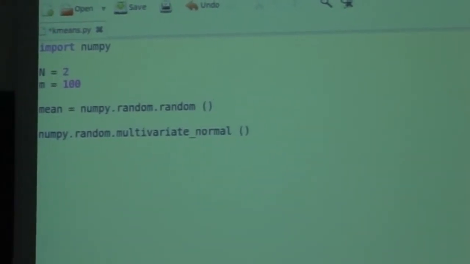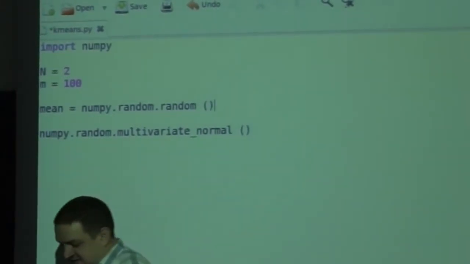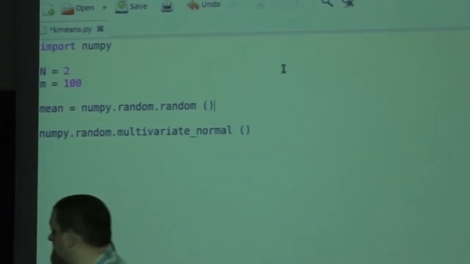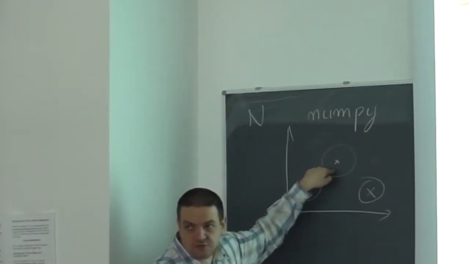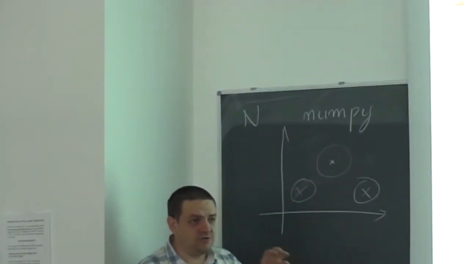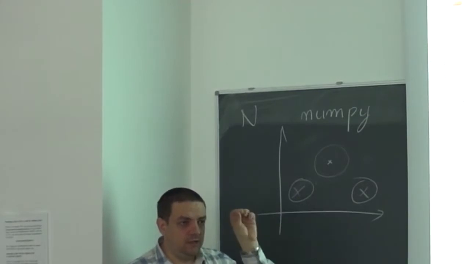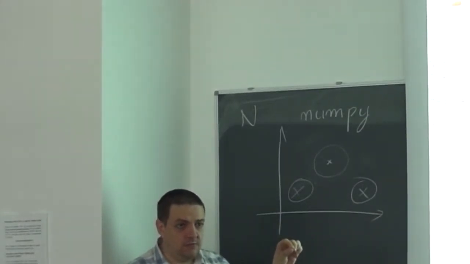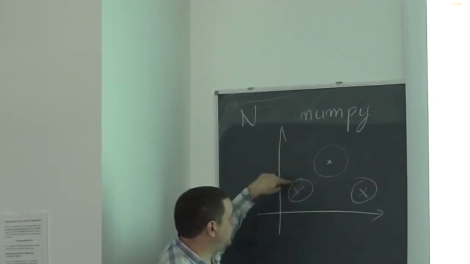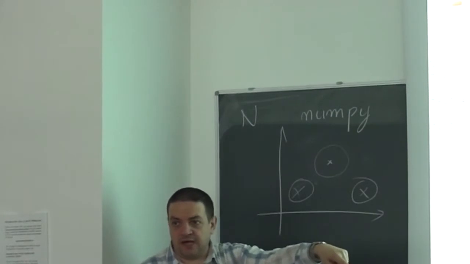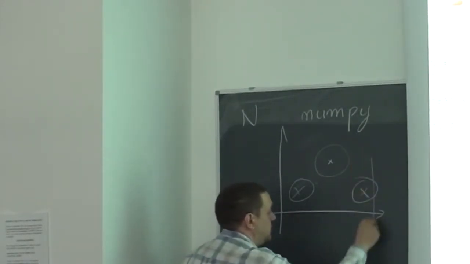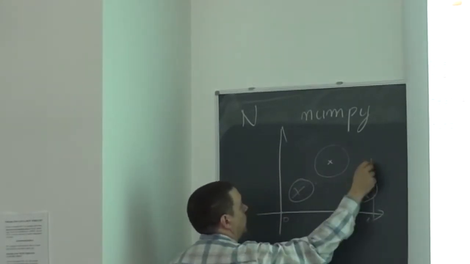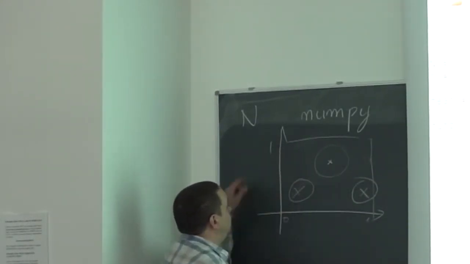So of course our next objective will be to create many clusters with different mean positions. So we will also generate the mean position in a random way, but in this case the mean position of our cloud will be uniformly generated, let's say between 0 and 1 in n dimensions.